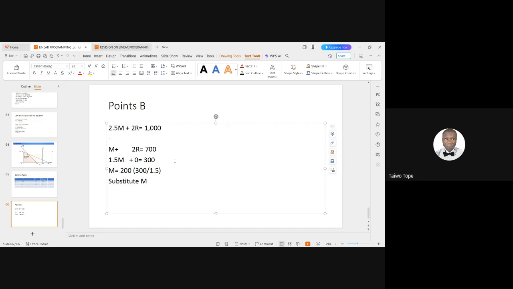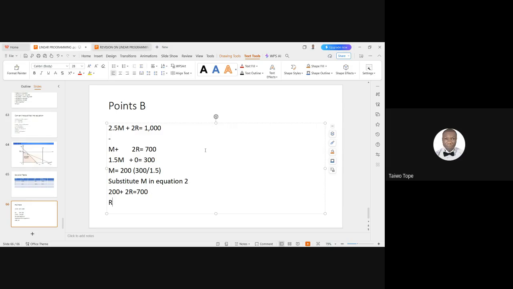If you substitute into any equation, you get the same result. So we have 200 plus 2R equal to 700.